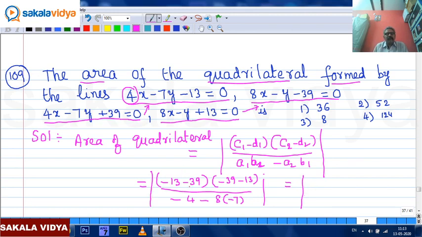So mod of 39 plus 13 is 52, minus into minus is plus, 52 into 52, divided by 56 minus 4, which is 52. 52 gets cancelled, we have 52. So second option is the right option.